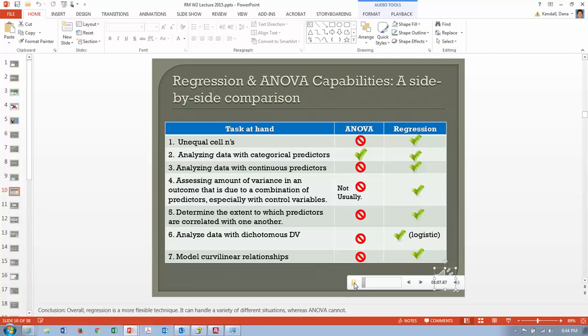And as you can see, regression overall holds up as a possibility for analyzing data of these different tasks, and it holds up more so than Anova does. So what I would say just overall is that Anova is great.